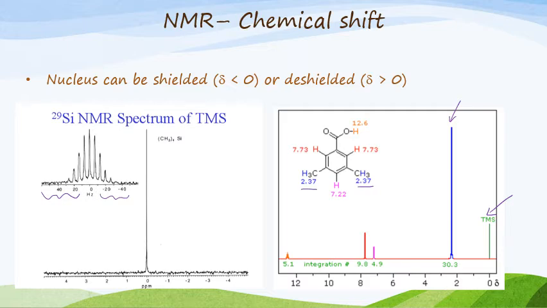Okay, then we have the pink peak over here, which corresponds to this proton here. The red peak over here corresponds to these protons here. And then finally, way downfield, we have this orange peak here, which corresponds to the proton attached to the hydroxy group. And this is how we characterize NMR spectra.